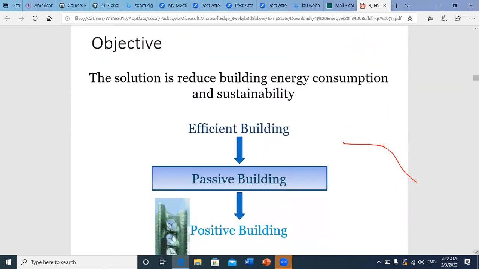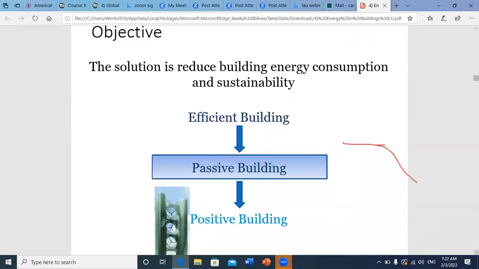So the solution will be to reduce the building energy consumption and sustainability. We already talked about the importance of energy sustainability, and therefore we'll try to design a building that is very efficient on the energy consumption level. To do this, we'll try first to move to an efficient building.